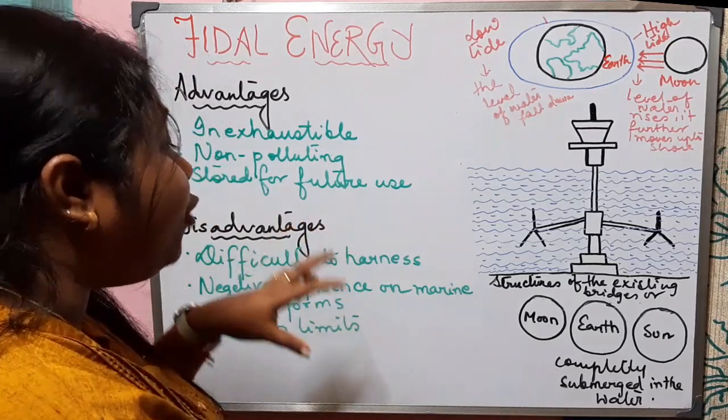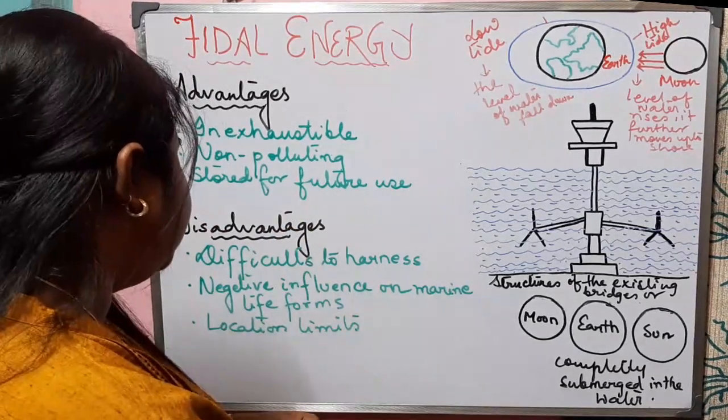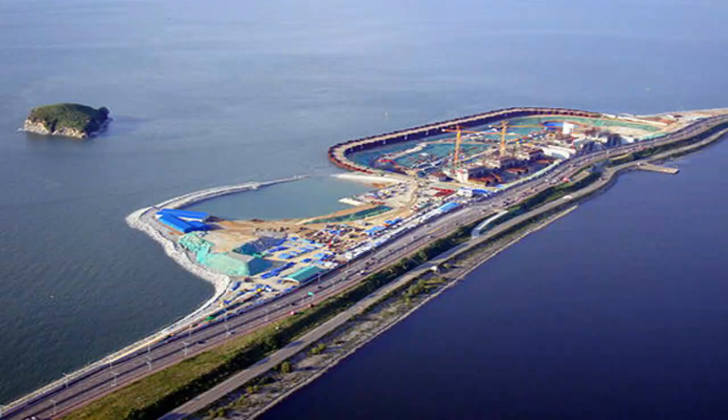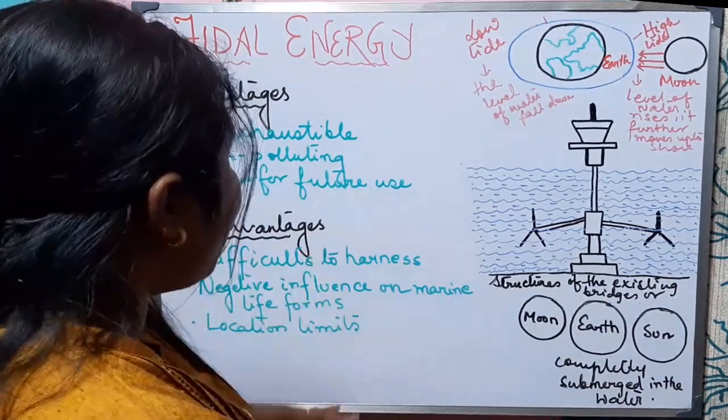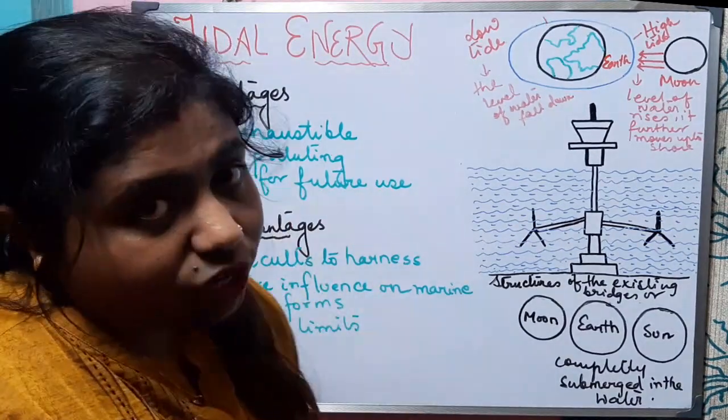Location limit: the tidal power plants can only be installed along the coast and not in any other place. So that is a bigger disadvantage for tidal energy.